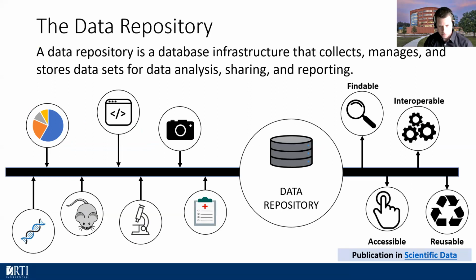Scientific data comes in many different formats, ranging from imaging, laboratory assays, clinical observations, animal studies, multiple different types of omics like genomics, proteomics, metabolomics. All of this data has incredible value in terms of reuse. Historically, scientific data has generally been shared through publications or by requesting access to the data from the authors of a publication.